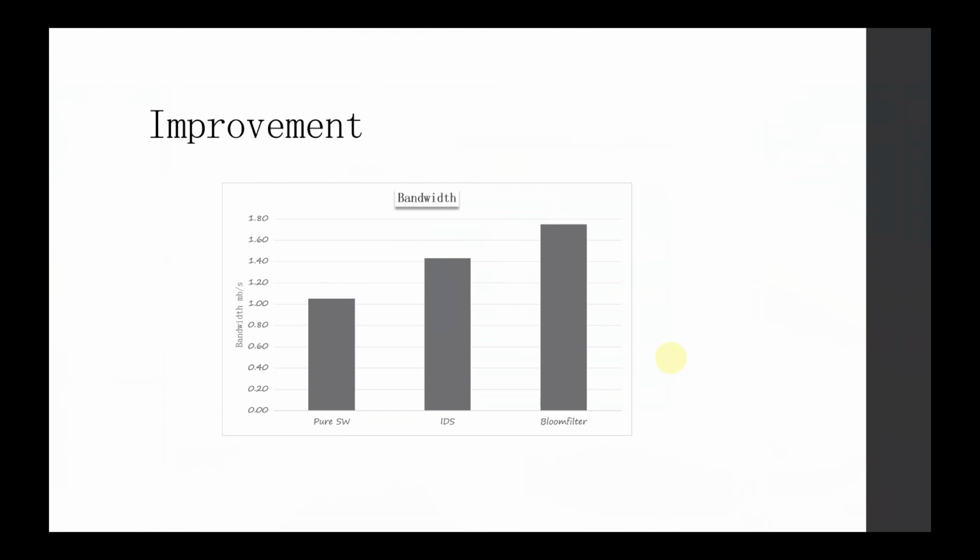In order to compare the performance of three kinds of methods, we use bandwidth as the index, and we have three methods in our experiments. In order to detect junk messages, the first one is purely software.